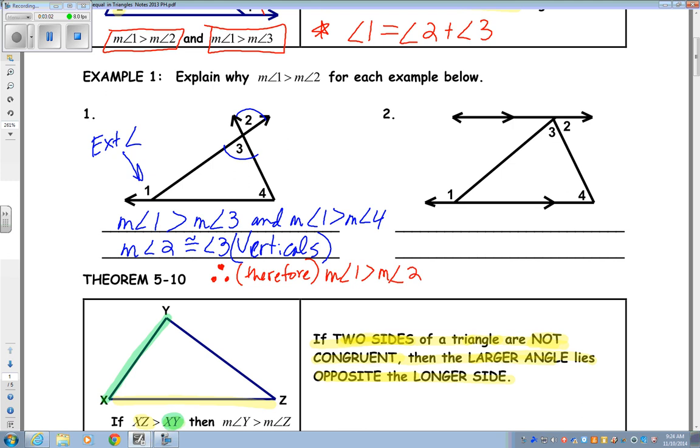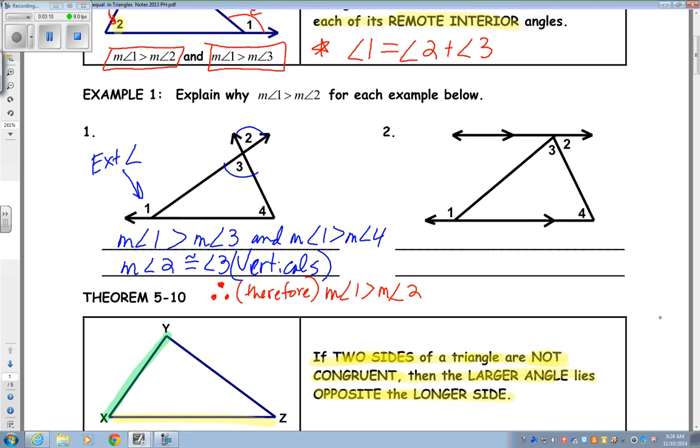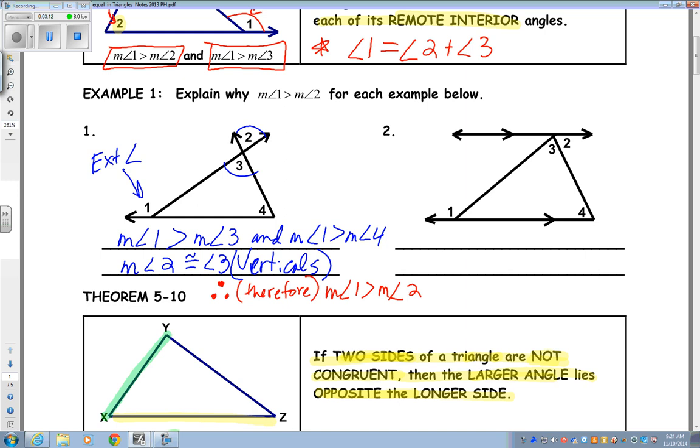Using what we know about angles and their relationships, I can come up with a conclusion for the figure. Again, they want us to compare the measure of angle 1, which is our exterior angle, with the measure of angle 2. And we want to come up with a relationship.